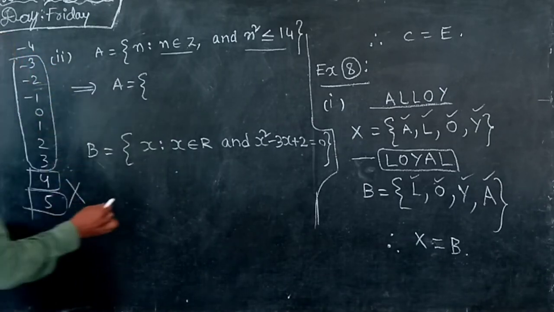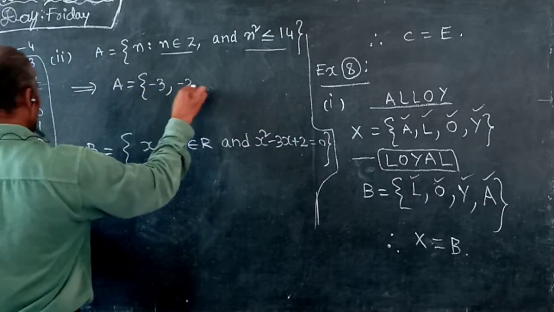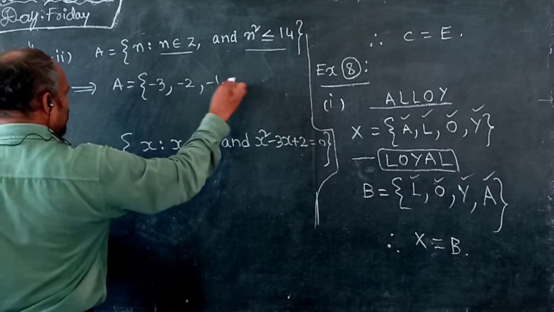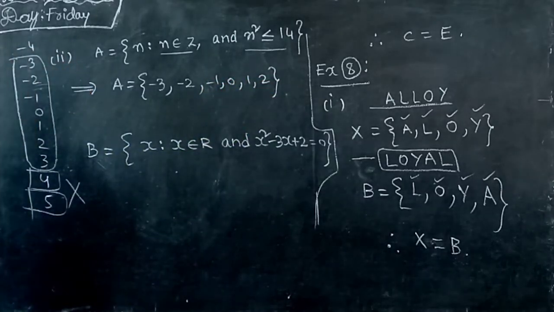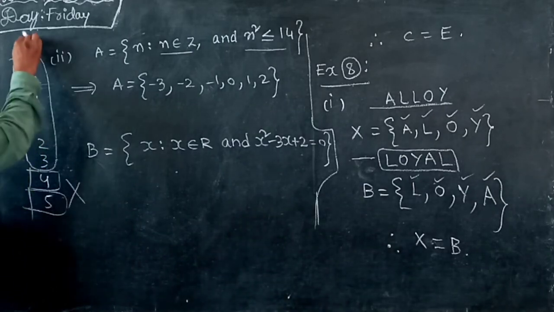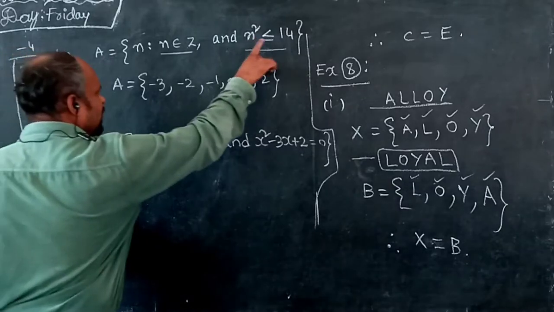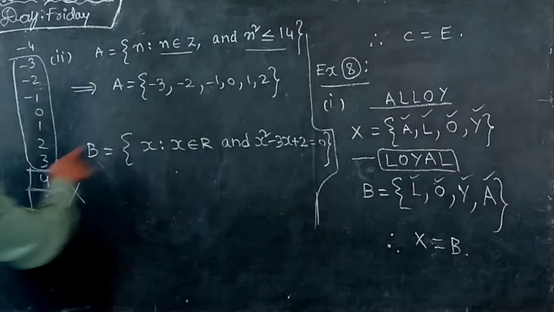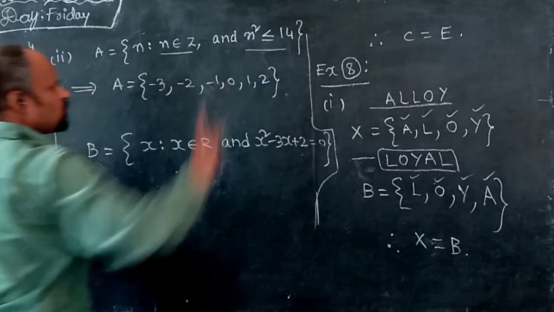all these elements. That is, I can write it as minus 3, minus 2, minus 1, 0, 1, 2 we can take. Why? Because you can take all these numbers, but here one more condition, n square less than or equal to 14. So if I square these numbers, that should be less than or equal to 14.